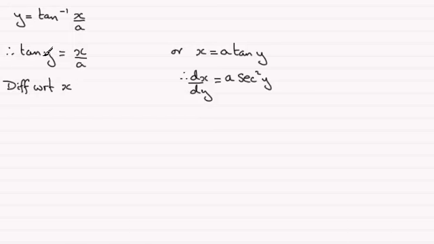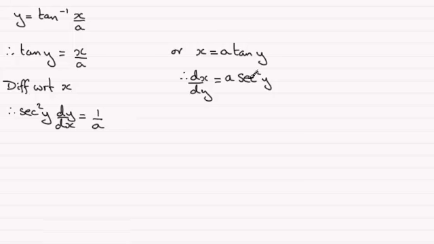Differentiating tan y with respect to y first of all gives us sec squared y, and then we need to multiply that with dy by dx. And then if we differentiate x over a with respect to x, since a is a constant, we get left with just 1 over a.